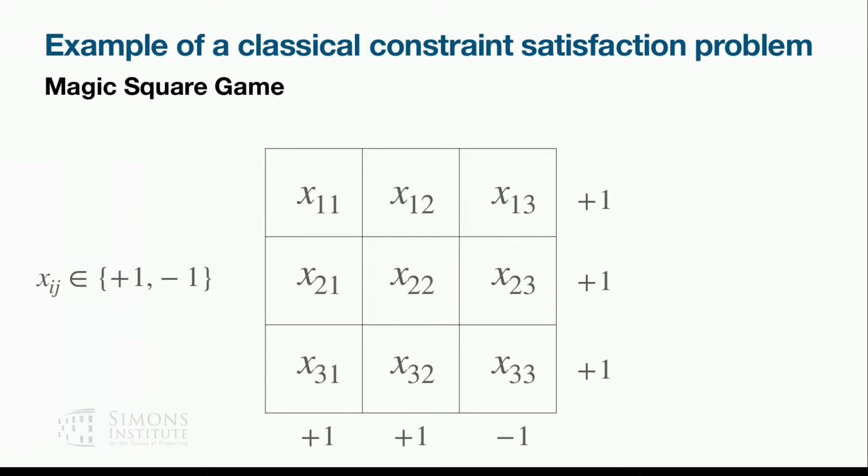In quantum computer science, we study exactly the same problems, constraint satisfaction problems, exactly this one, for example. But the difference is that the domain of the variables, instead of being a discrete binary, like here +/-1, the domain of the variables in the quantum version of these problems would be higher dimensional generalizations of plus and minus 1.